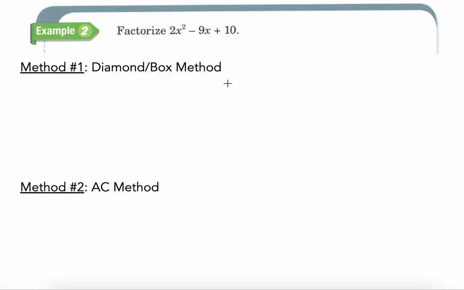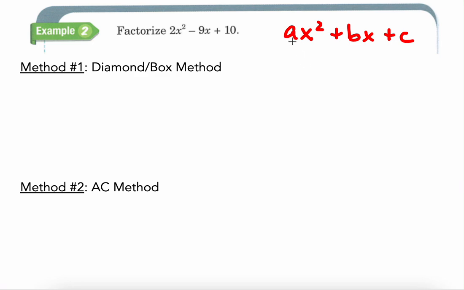Both methods will help you factorize problems like this one, 2x squared minus 9x plus 10. These are problems that are in the ax squared plus bx plus c format because there is a non-1 coefficient for your first term of x squared.